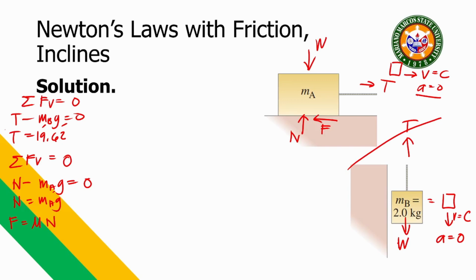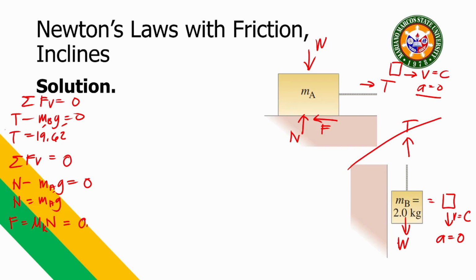Ang mag-iiba dito, kanina ang mu na ginamit natin is yung coefficient of static friction. So ngayon, since the system is in motion or moving na siya, we must use the coefficient of kinetic friction. So mu k na yung kailangan natin gamitin. Ano yung mu k natin?